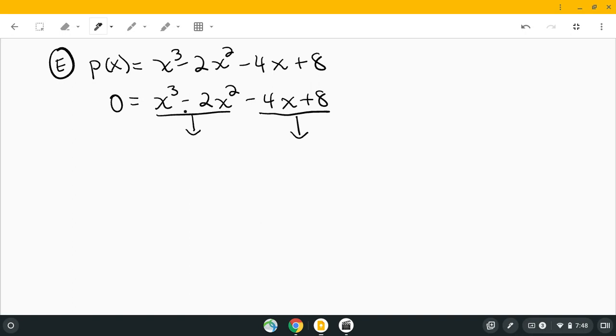They have x squared in common, so I can factor that out. This is my second group. They have negative 4 in common, so I could factor that out. So that's what you're going to be doing here. 4 terms. Try factoring by grouping.